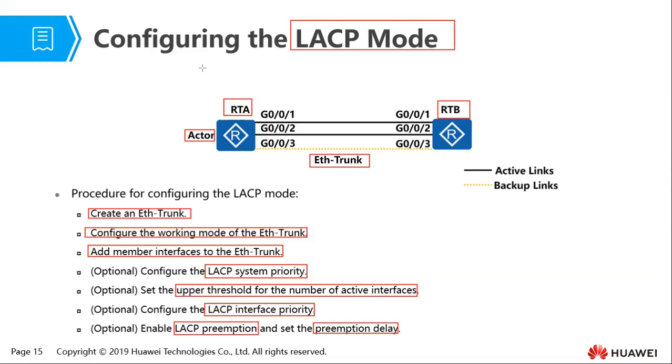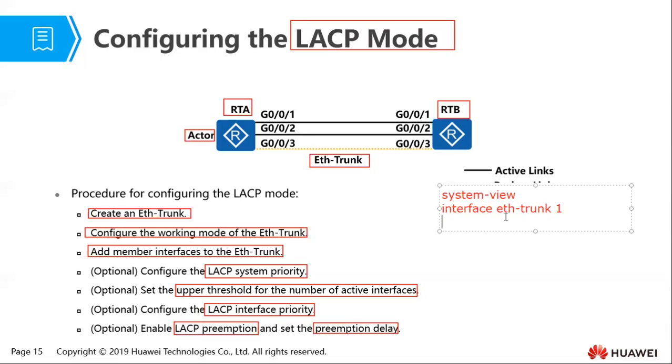So I think we can just look into this very fast. Again, you have to be in system view. So for example, system-view. Then how you create the Ethernet trunk is very similar to the other one. You type interface, then Eth-Trunk, then you give it an ID.